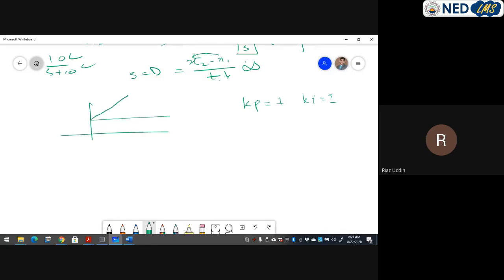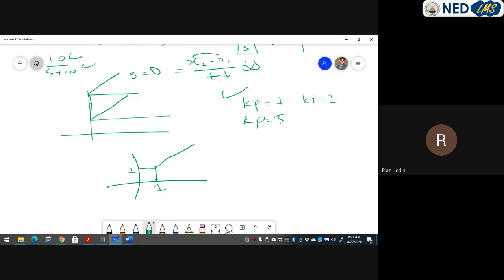But for example, if your kp is equal to 5, till 5 you have this, and then you get this response. So in order to understand more clearly, what I did is I started from here. Again, for example, at one value, as you achieve the one offset, then you start the ramp.